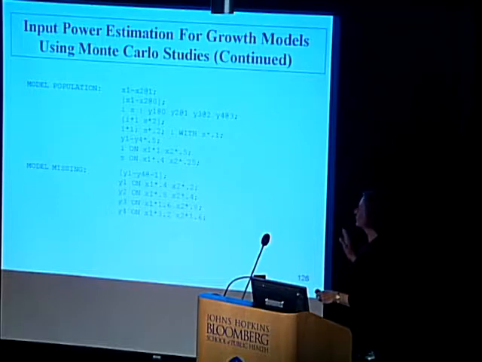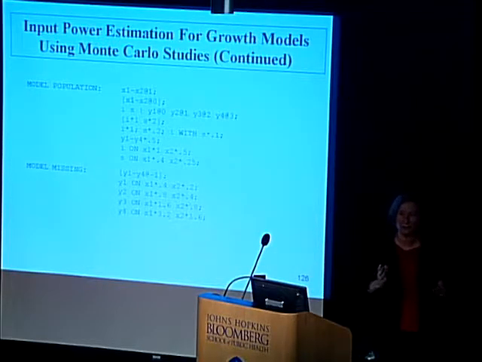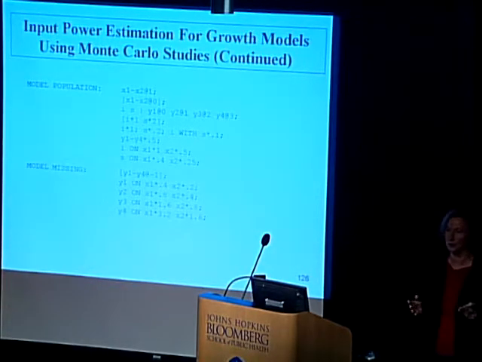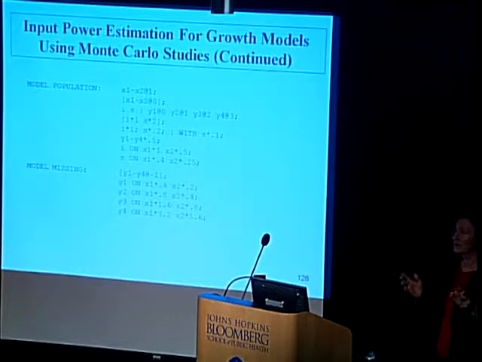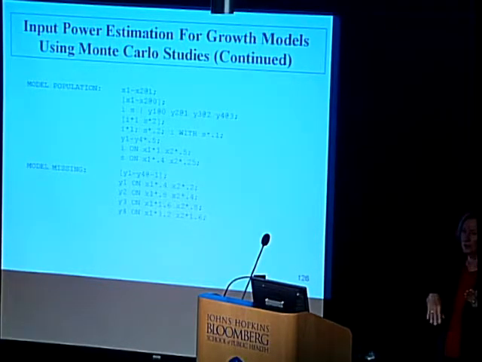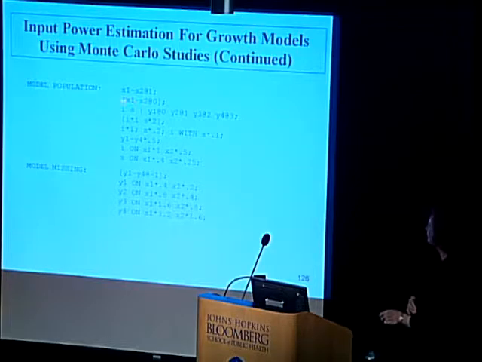So you would run your analysis on your own data, the one where you want to know whether your sample size is large enough to have the power to detect the differences you're looking for. The new option is going to be called SVALUES in the output command. If you put SVALUES in the output command, you're going to get statements like these that all have asterisks, but that doesn't matter. In model population, @ and asterisk are treated in the same way. And then you can just use those for your model population.